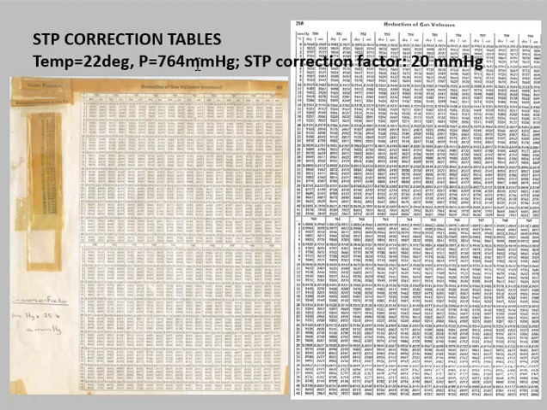Then in one of these big tables, we subtract 20 millimeters from 764 millimeters, the atmospheric pressure of the day, to get 744. So here, wherever it is, we don't need to bother to find it. It's enough to know that the wet and dry atmospheric pressures are both shown under the value for the atmospheric pressure of the day.